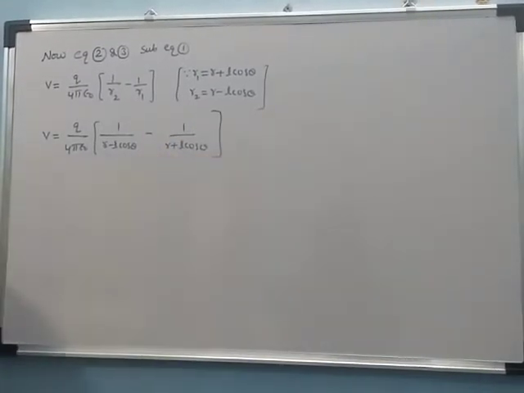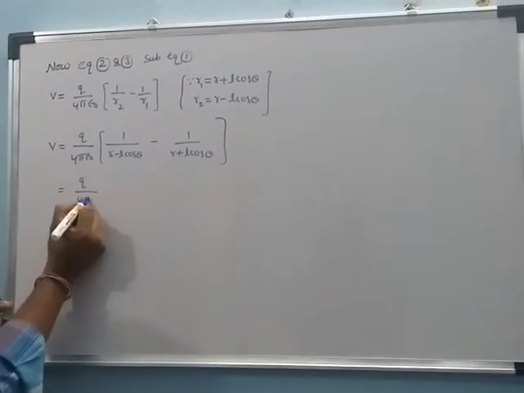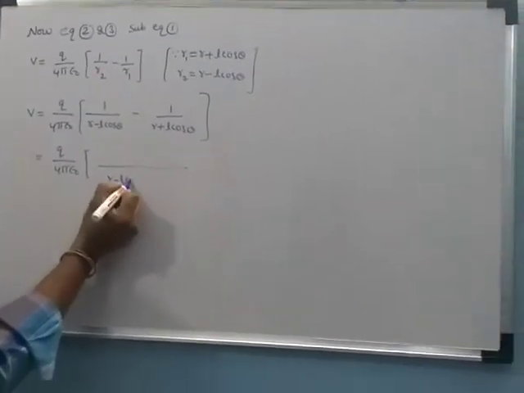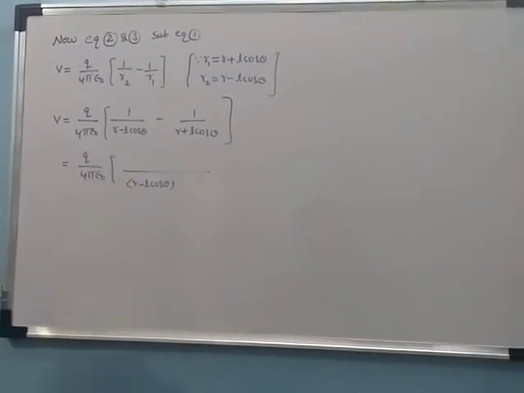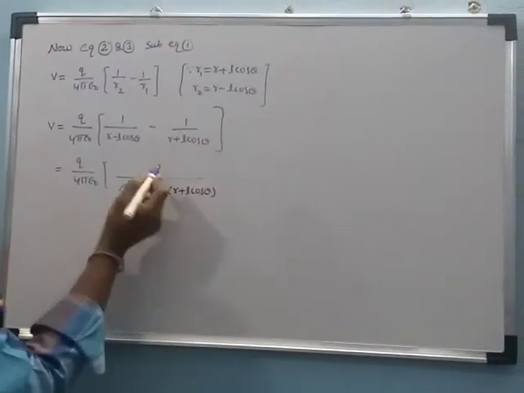Take the LCM here. Now with the LCM taken, Q by 4 pi epsilon naught, then R minus L cos theta into R plus L cos theta in the denominator.